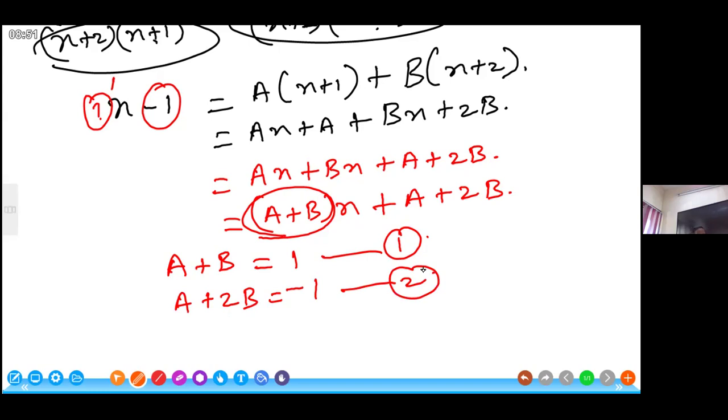Can you find out the values for A and B in a simple form? I have two equations. Can you solve them and get the value for A and B? What is the value for A? What is the value for B?